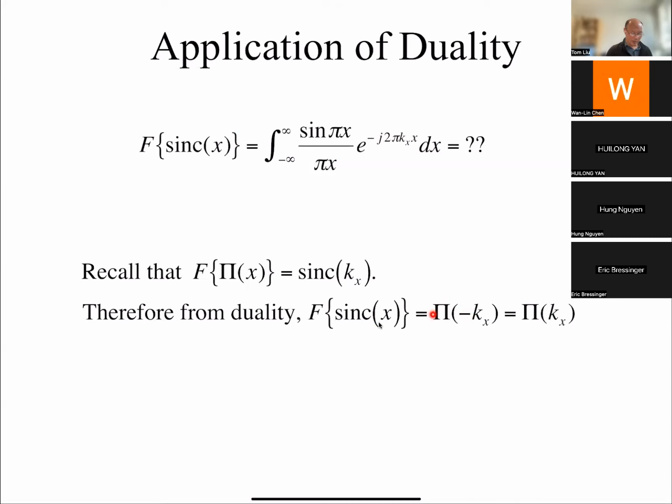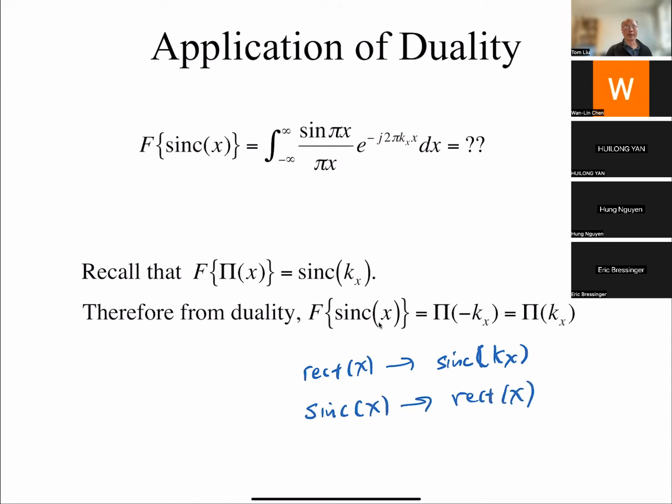But since rect is even, that just equals rect of kx. And so that's the next pair that's very important to remember: we said rect of x goes to sinc of kx. And the other thing that's very important is then that sinc of x goes to rect of kx.